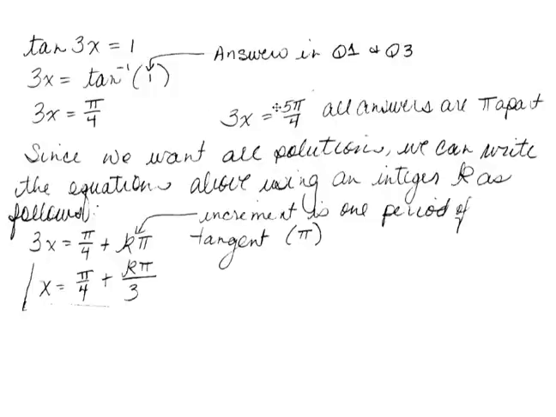Between 0 and 2 pi, that gives me pi over 4 and 5 pi over 4. Now, I want to write out the equation for all solutions. So for each of these, I could say 3x equals pi over 4 plus 2k pi, and 3x equals 5 pi over 4 plus 2k pi. But I notice that these two answers are exactly pi apart.